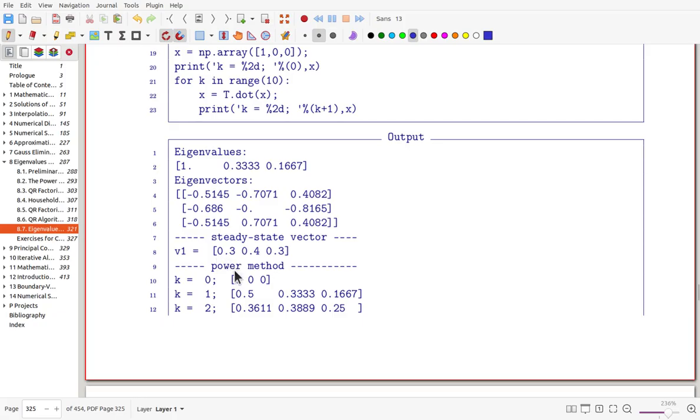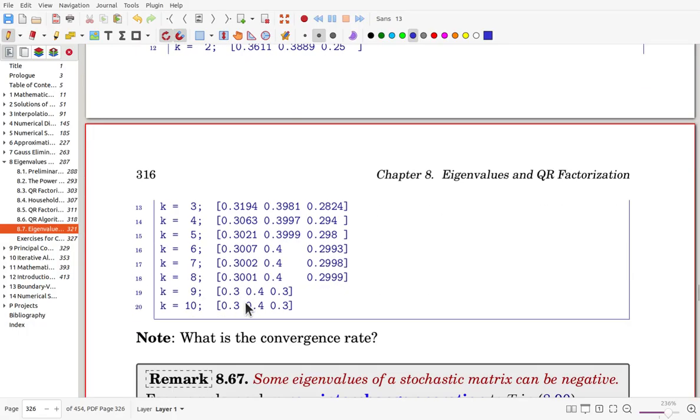Okay, now from the initial probability vector, these are the outputs of the power method after multiplication by T once, twice, and then up to 10 times. Now from the 9th, we apparently reach the state vector, but this display has only 4-digit accuracy.